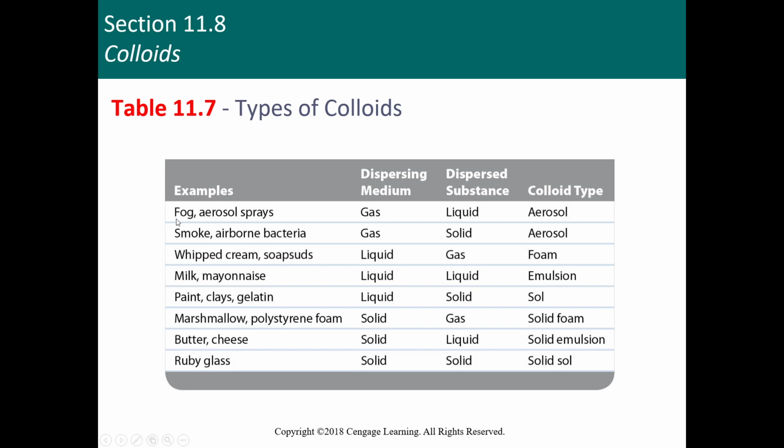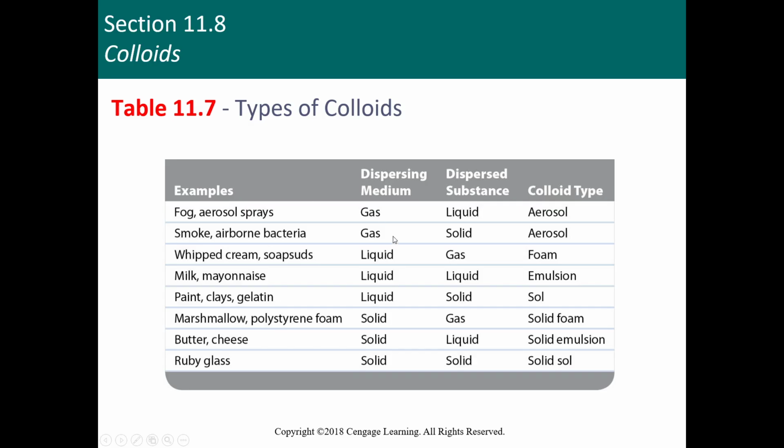For example, this is fog. That is a dispersing medium of gas, which is the air, and a dispersed substance, usually water, which is your liquid. And that is a type of aerosol. Aerosol sprays are, of course, aerosols as well.